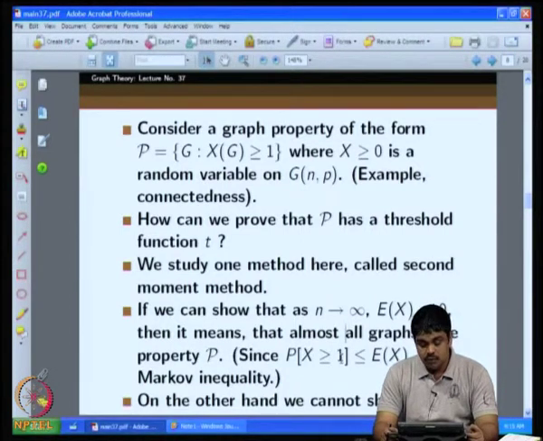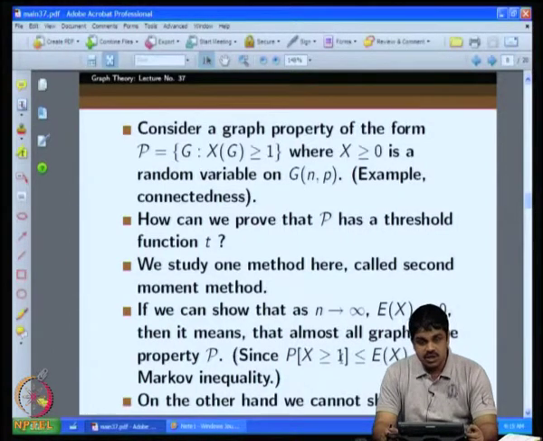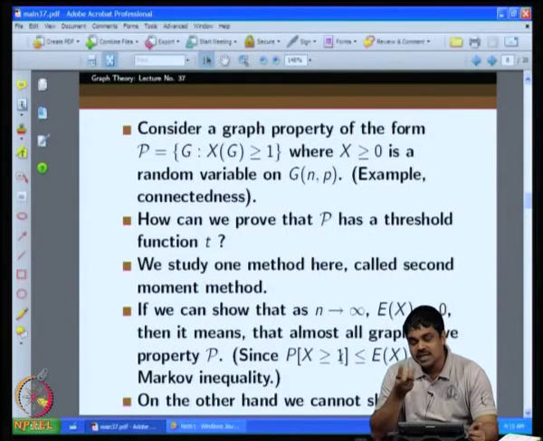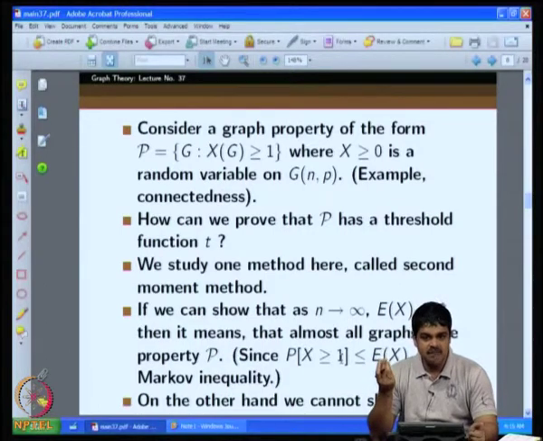But if you simply take the expectation and show that it has some lower bound, that won't be enough, because it is possible that this random variable may take some very high values for certain outcomes, while almost all the time it may be 0.